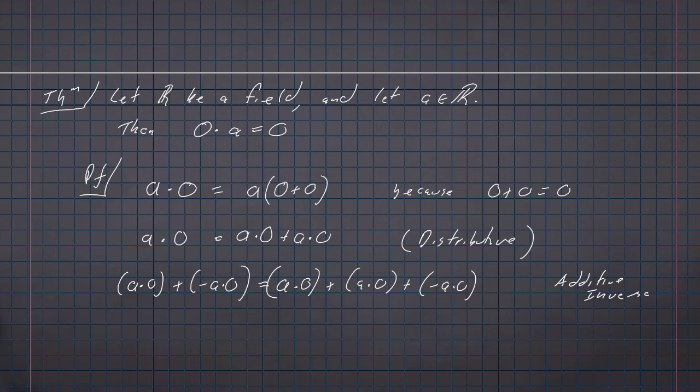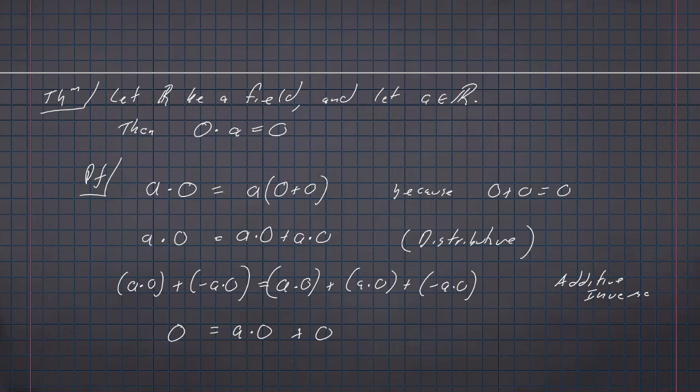well, something plus its opposite is 0. So a times 0 plus the opposite of a times 0 is 0. And once again over here, a times 0 plus whatever the opposite of a times 0 is still 0.